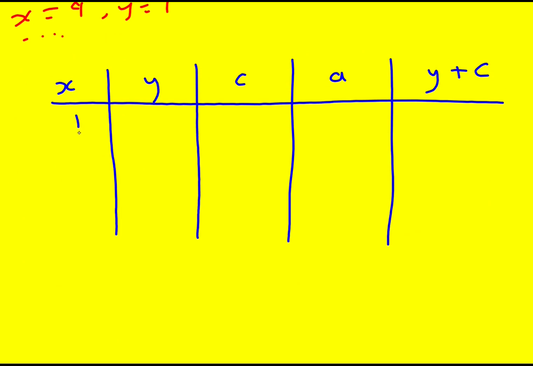So for x, I can have 9, 1, but then I could have c as 9 and a as 1, or I could swap these around within the 9, 1. So ultimately, I'm going to get 9 solutions for my triangles.